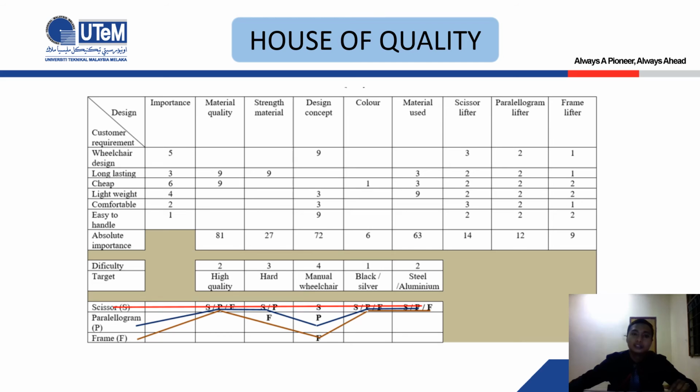Next, okay, this is my house of quality. All the requirements by the customer have been plotted at the left hand side, and their importance has also been determined from 1 to 6 in sequence of importance based on the survey shown just now. Absolute importance is calculated by design criteria weight times importance, and the total of the results is shown in absolute importance.